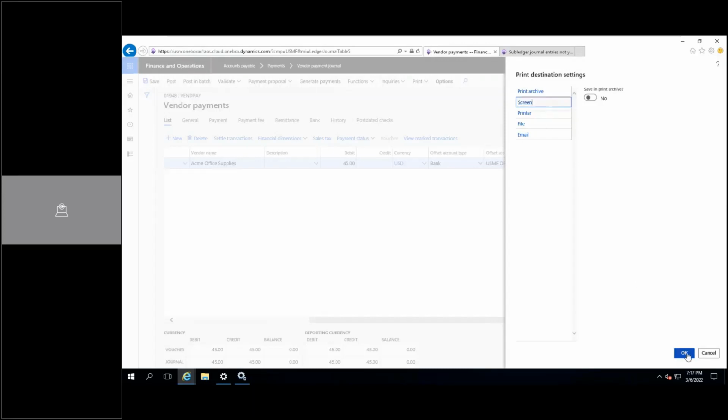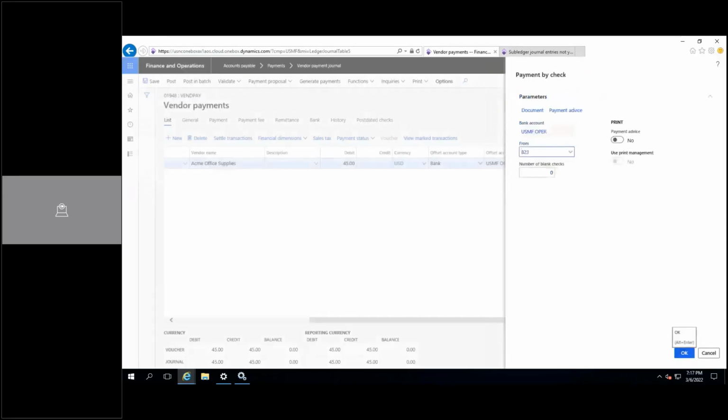Click OK and click OK. Now it is processing. It will take a minute. It is generating, which means the instructions will go to the printer and it will print on the check. It will be printed on the check.